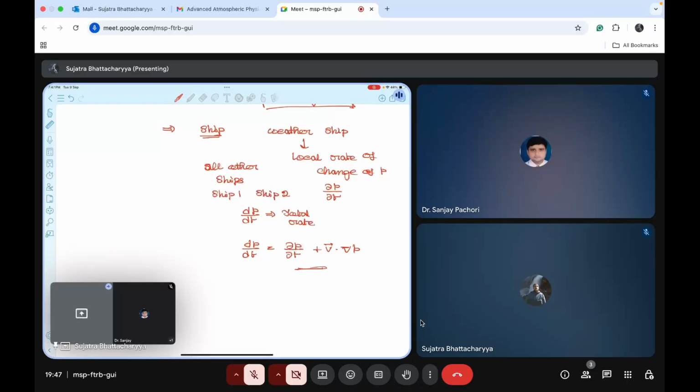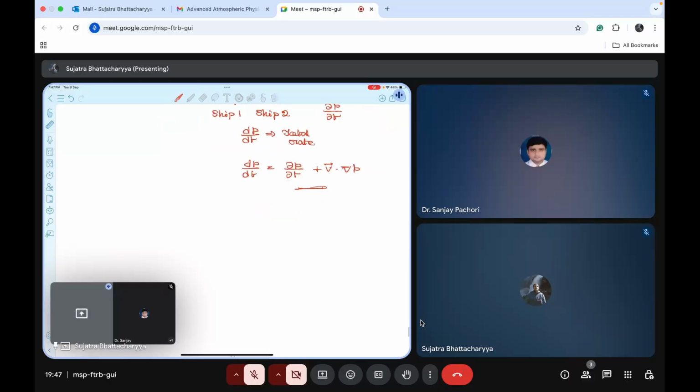What else? Let me see. Another thing is the divergence of the geostrophic wind. There is another question on it. Vg we know is minus 1 by rho f delta p by delta y i hat plus 1 by rho f delta p by delta x j hat.